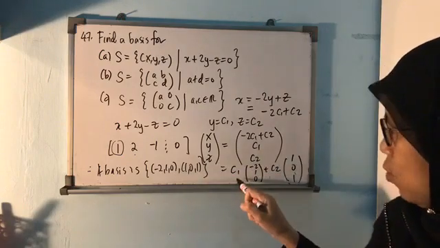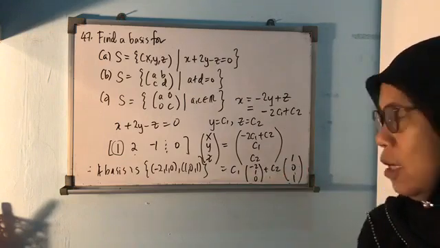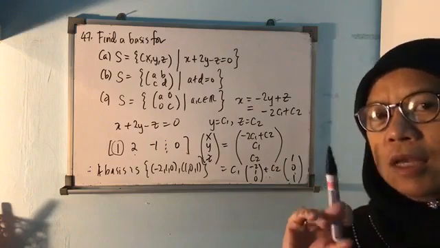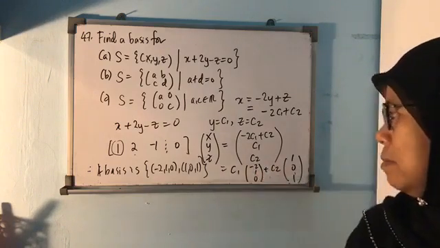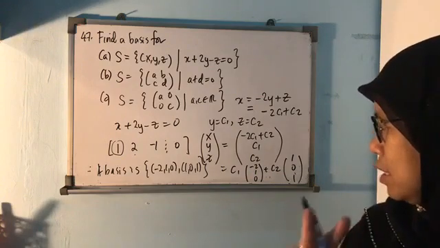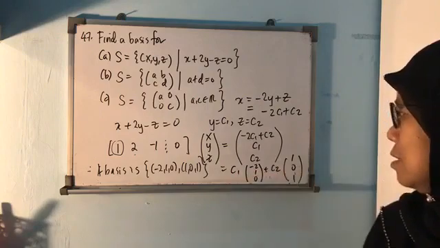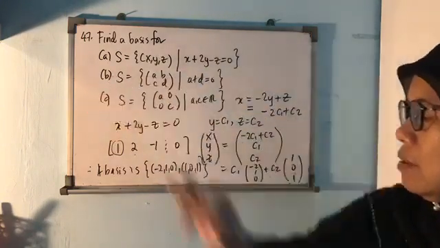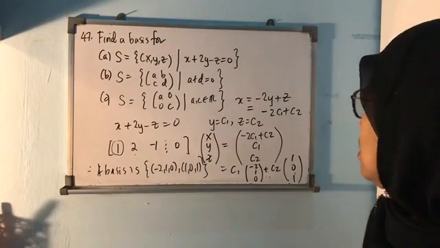Then I take C1 is 0, C2 is 1, I get this one. Okay? C1, C2 can be any real number. So you can take any combination of these two. Then you will get a basis. We just need 2. So always take 2, easy, right? Okay. For B is very similar. Understand? Okay. I will erase it.